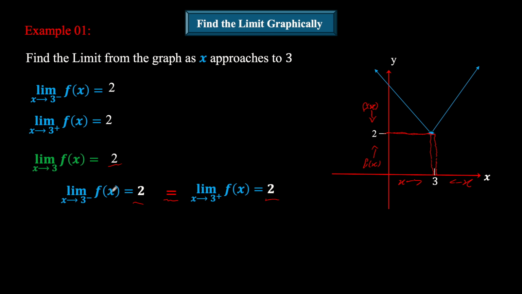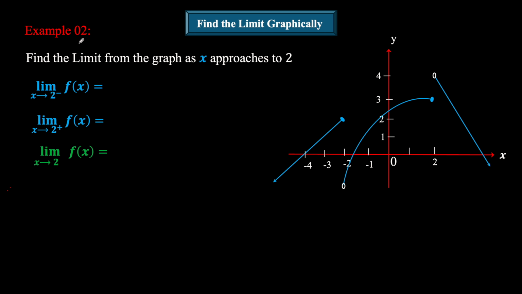Okay, let's see the second example. Find the limit from the graph as x approaches number 2. So we check from the left side, x approaches number 2. We see that as x approaches number 2, f of x is approaching number 3.